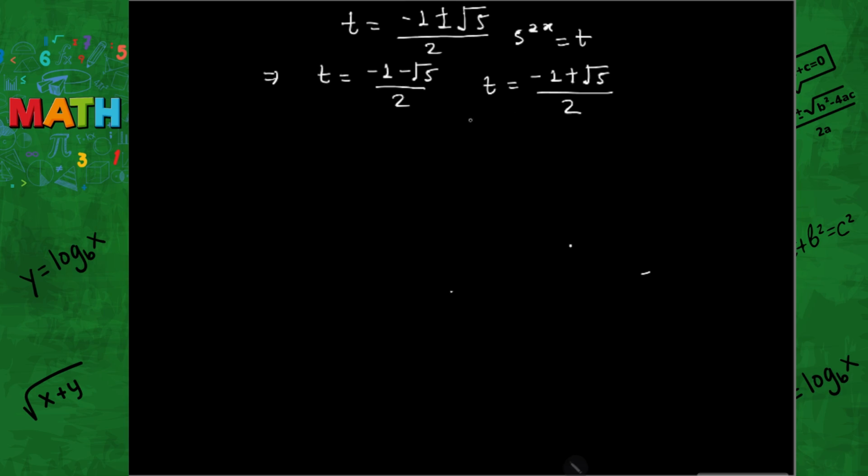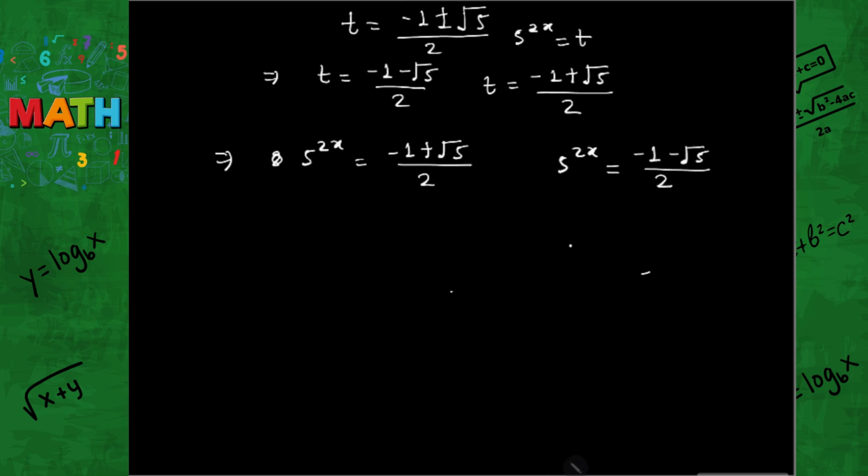Now first solve this positive value. 5 to the power 2x is equal to minus 1 plus under root 5 divided by 2, and 5 to the power 2x is equal to minus 1 minus under root 5 by 2.